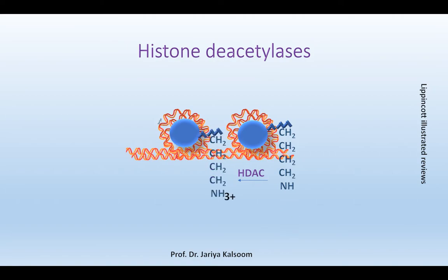Removal of the acetyl groups by histone deacetylases restores the positive charge and restores the interaction between positively charged histone proteins and the negatively charged nucleic acid DNA. These enzymes are able to access DNA in the presence of ATP, which allows repositioning of DNA, exposing the lysine residues, which may then be acetylated or deacetylated.